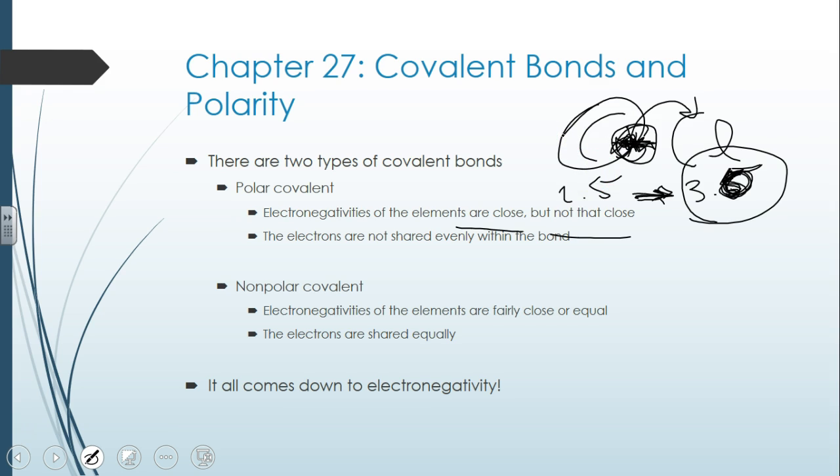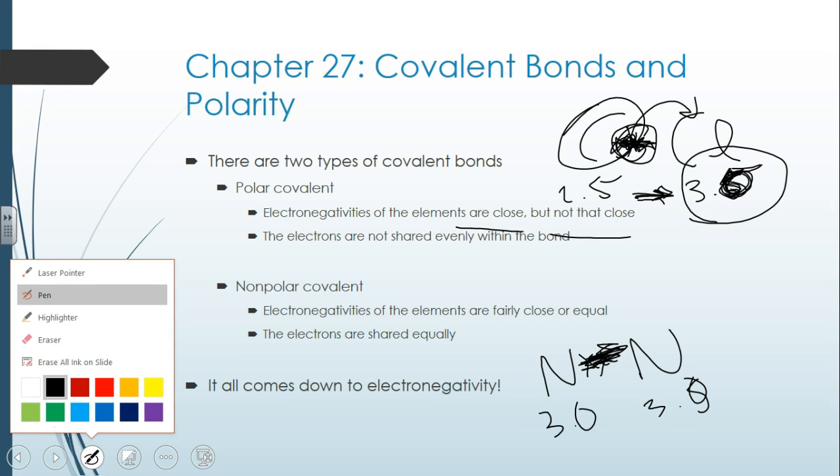It's kind of like a parent example. If both parents are equally awesome, with a 3.0 or a 2.8 or whatever, the kids, the electrons in the middle, are going to share time equally between both parents. It doesn't matter what the parents are, married, unmarried, whatever. The point is that the parents are equally awesome.